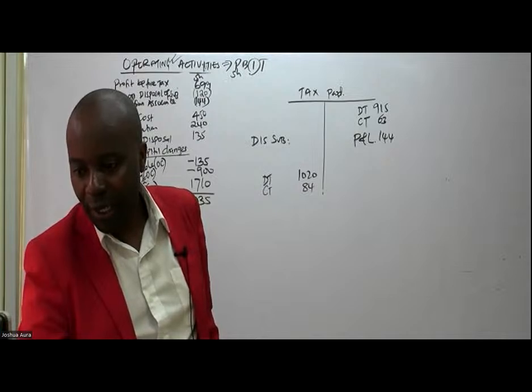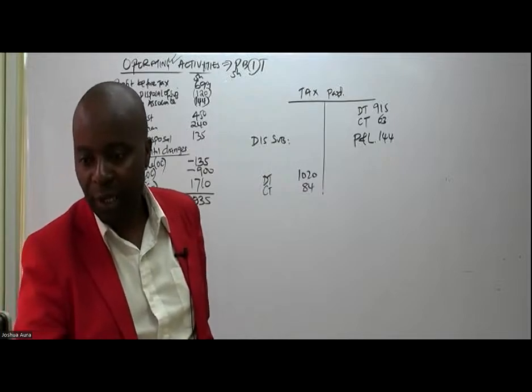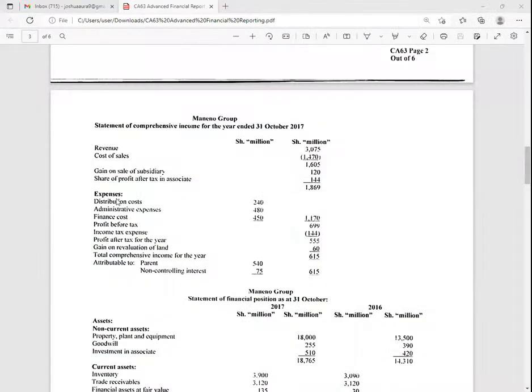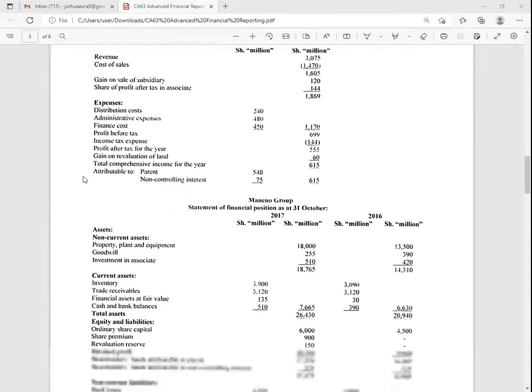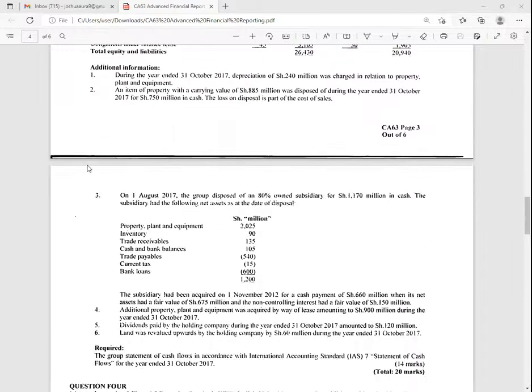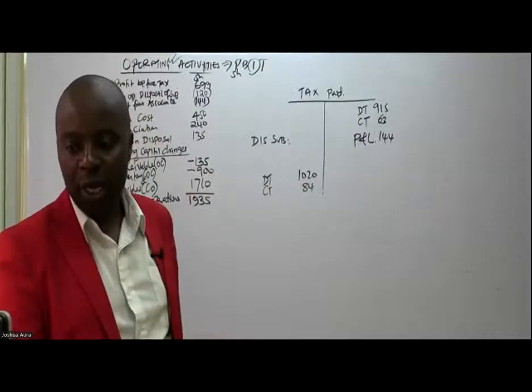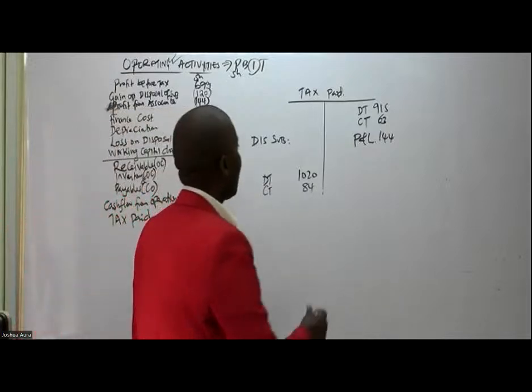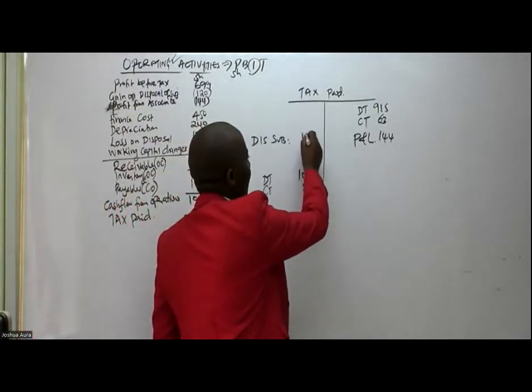We can see we have current tax of 15 for this disposed subsidiary. So for the disposed, we have 15.